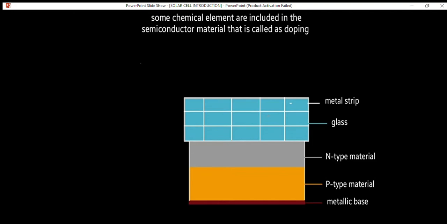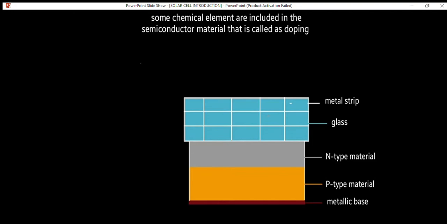Here doping means some chemical elements added to semiconductor, and this region is thick, about 300 micrometers.